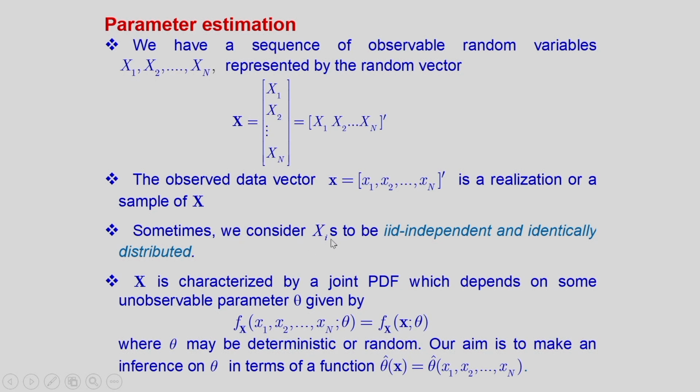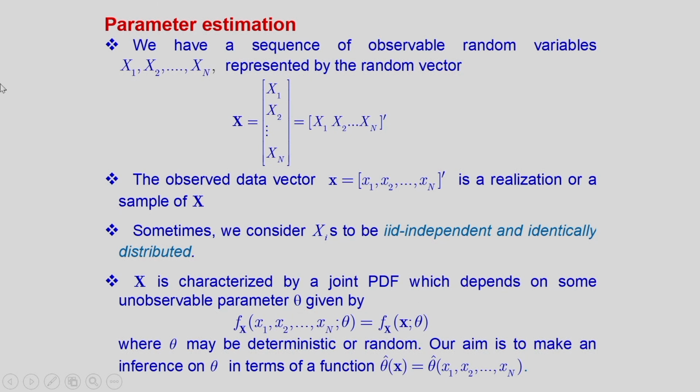Sometimes we consider the xi to be IID, that is also one important concept, independent and identically distributed. All x1, x2 up to xn are independent and each of them will have the same distribution. X is characterized by a joint PDF which depends on some unobservable parameter theta.